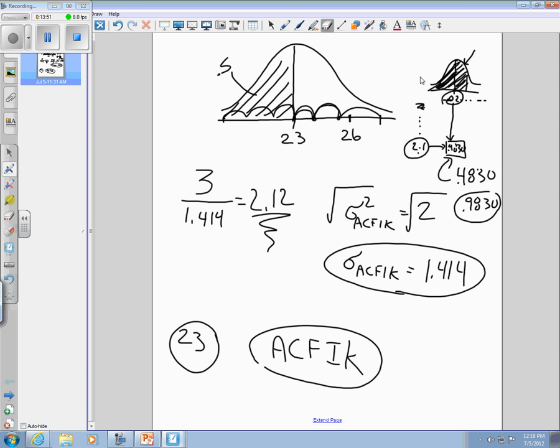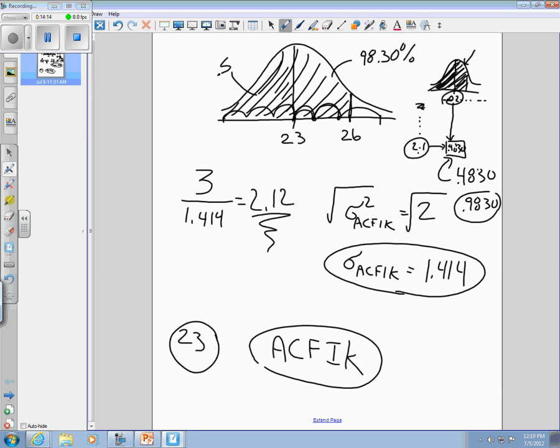Now what that means is if I shade this entire area, from 26 weeks or fewer weeks, that's 98.30% of the total area under the curve.